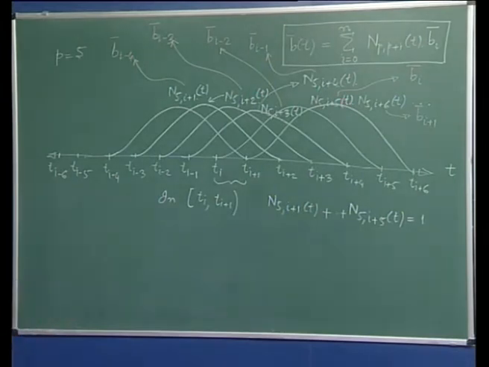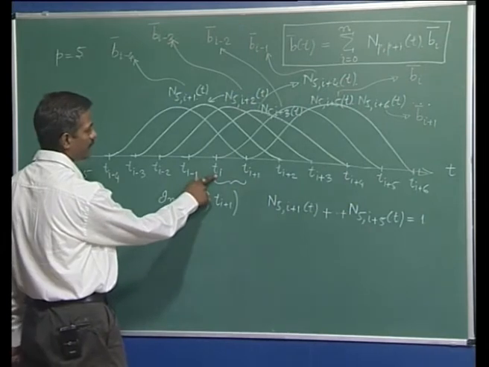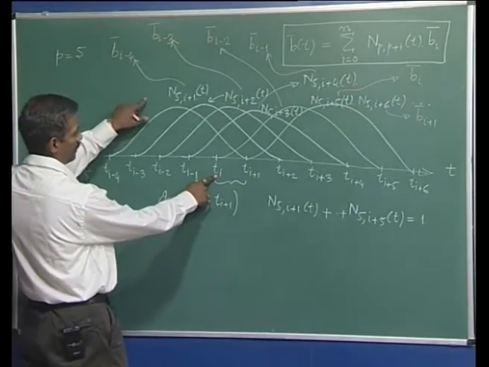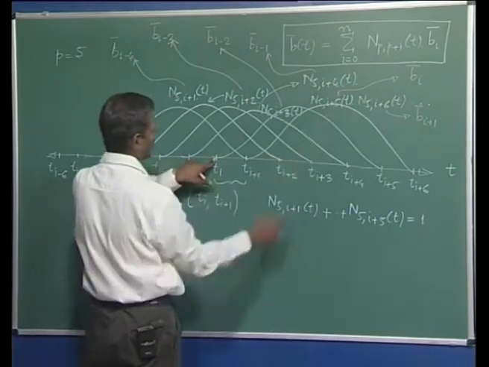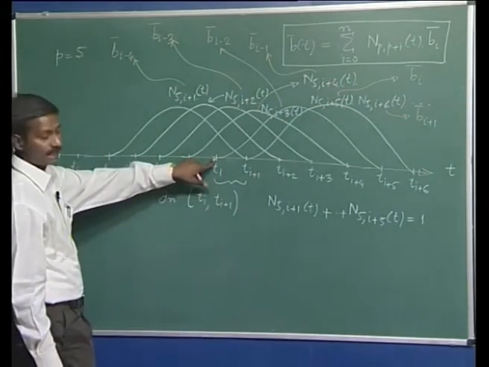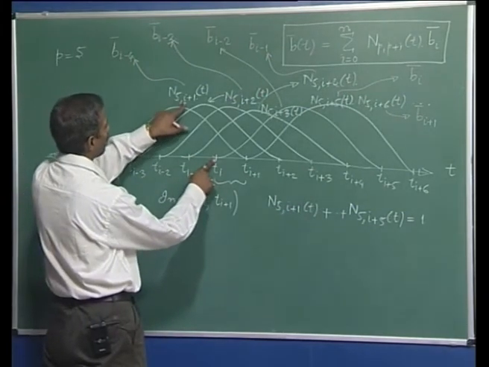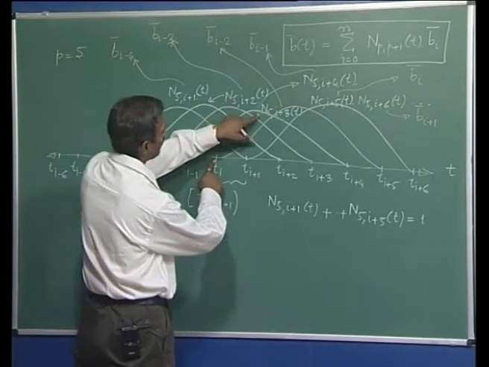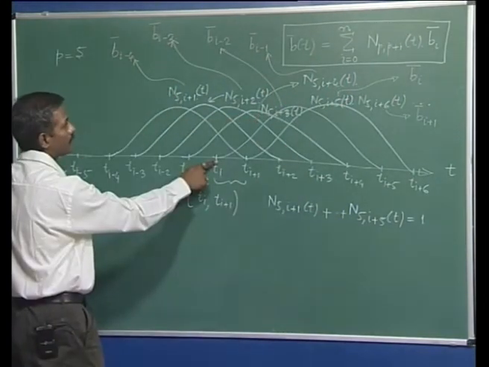Or more specifically, for values of t equals ti, N(5i+5)(t) is 0, as you would notice, and N(5i+1), N(5i+2), N(5i+3), and N(5i+4) are non-zero, and they sum to 1.